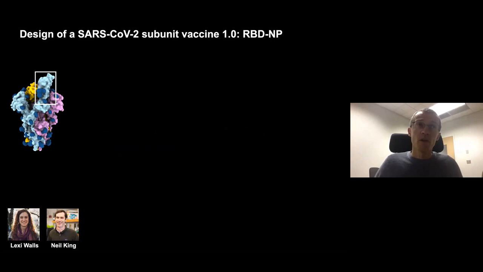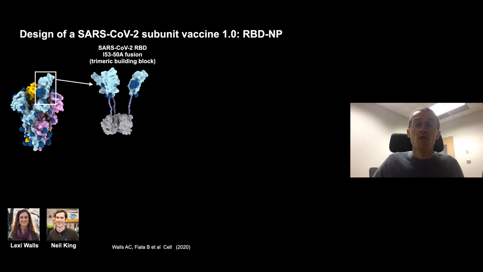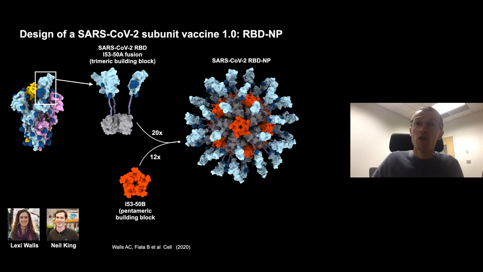So to try to solve that problem, our lab teamed up with Neil King here in our department at the UW, to display the RBD as a genetic fusion to a trimeric protein, which can be mixed with a pentameric protein. Both of these trimeric and pentameric building blocks were designed in Neil King's lab to self-assemble into an icosahedral nanoparticle displaying 60 copies of the RBD in a flexible manner.